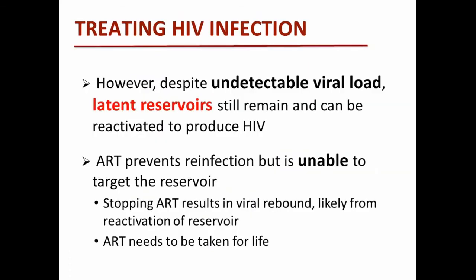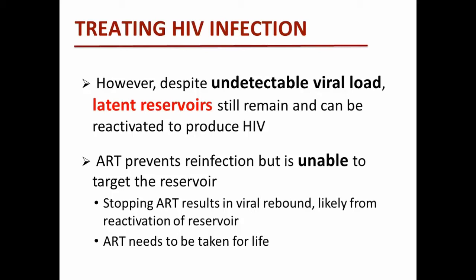However, the problem is that, as I mentioned, in most cases, up to 90% or even more, you can obtain a complete control of viremia. So it means that you do not find the virus in the plasma, but the virus still remains in cells.